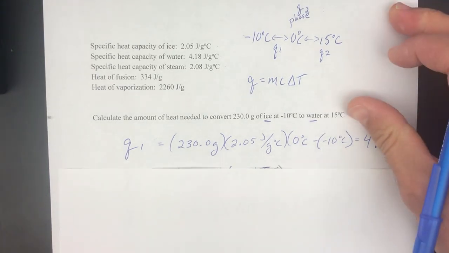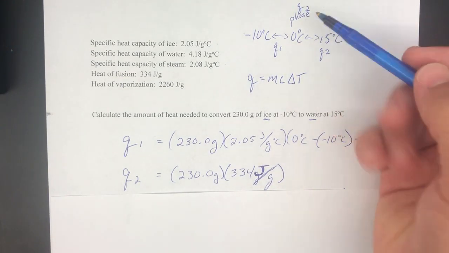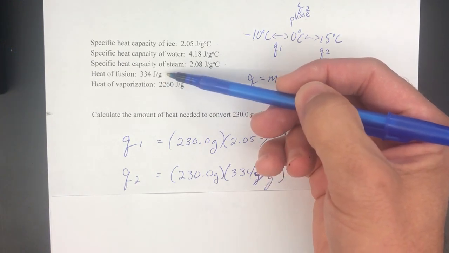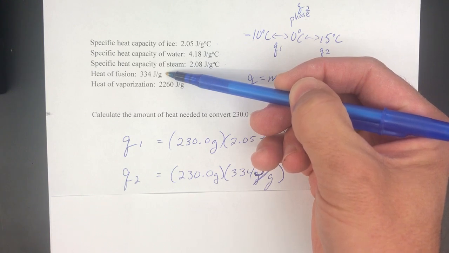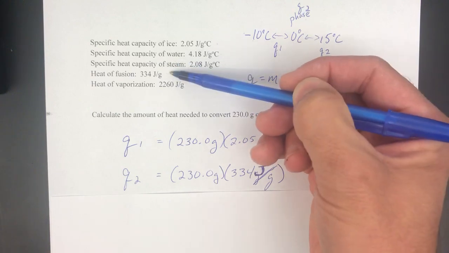We're then going to look at Q2, the phase change. You need to know which is which, but the phase change between solid and liquid is 334 joules per gram. Again, I will give you those values; you don't have to memorize that.